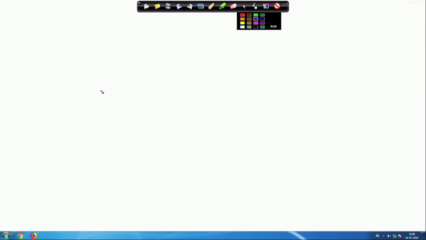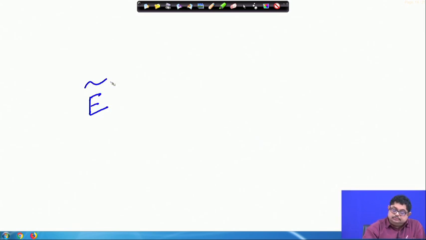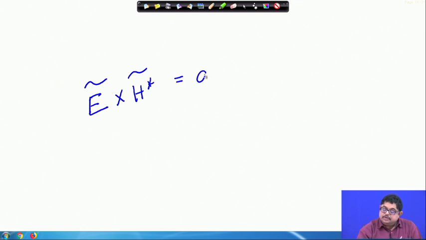So, you can find that E cross H star will be having a radial component.